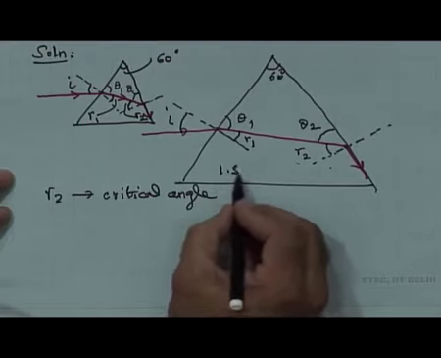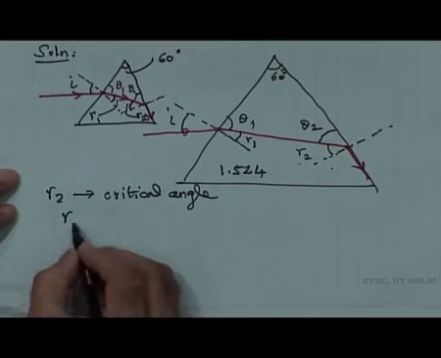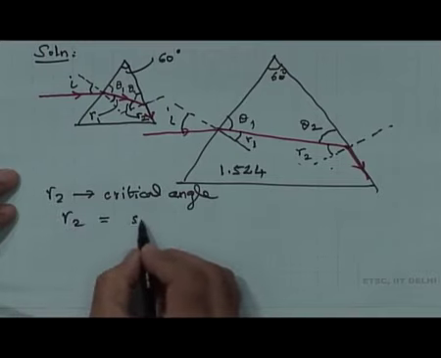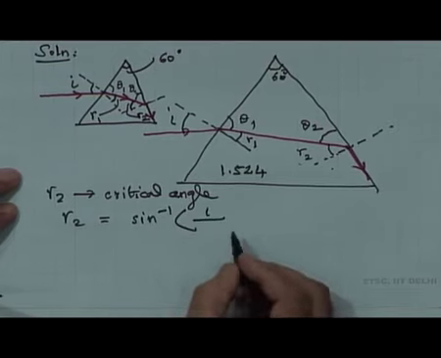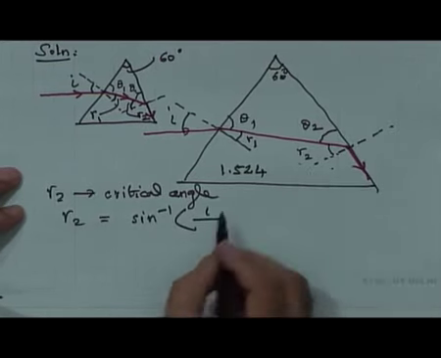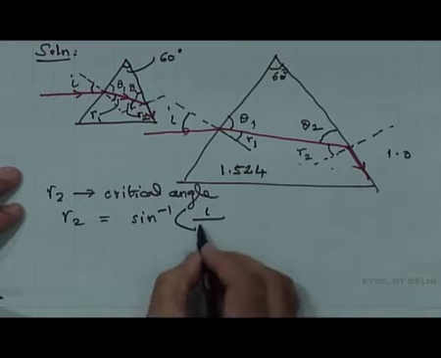The refractive index is given 1.524 and therefore, R 2 is equal to sine inverse of n 2 by n 1. So, outside it is 1, therefore, 1 divided by 1.524.